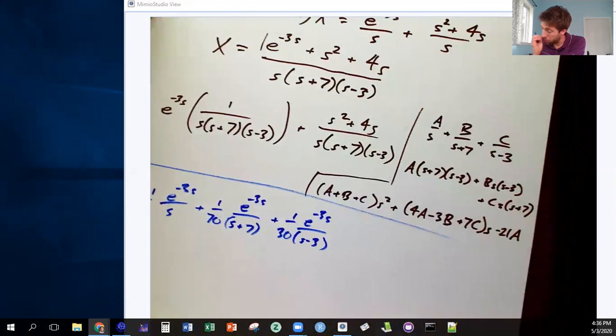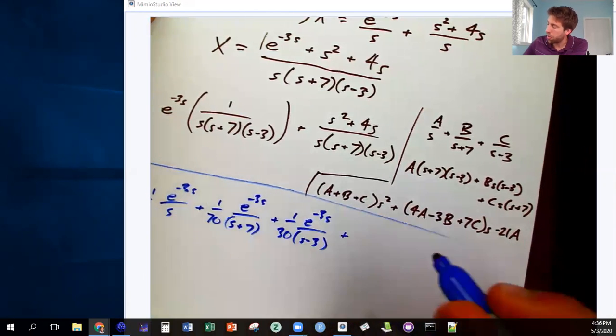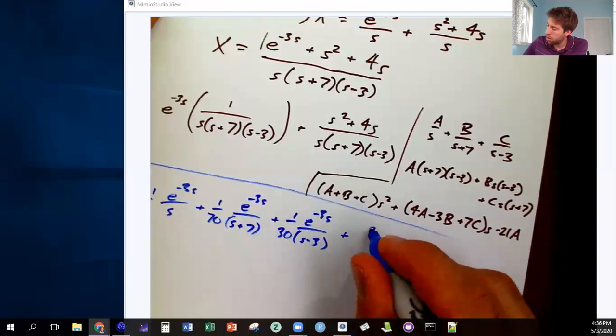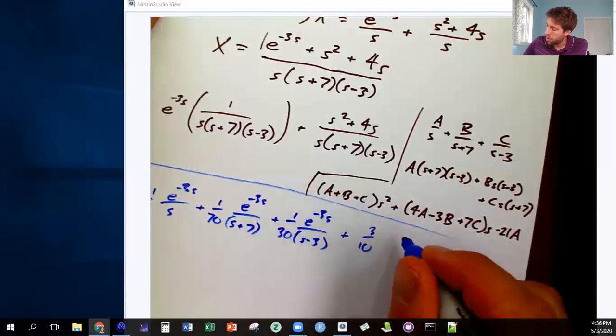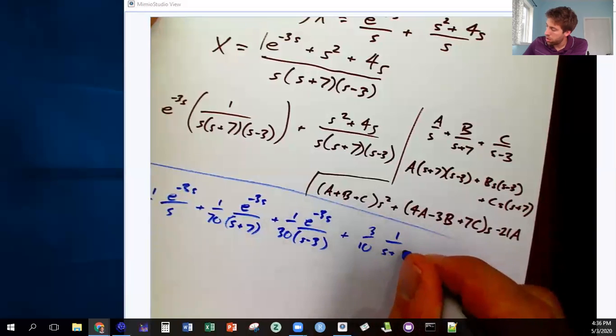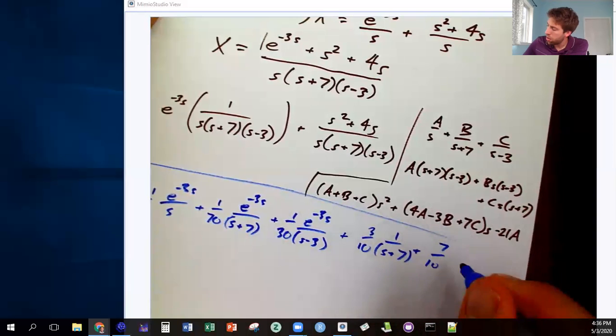Okay, so that's the first column, and then I've got the 0, so I've got no 1 over s term there, so just the plus 3/10 times 1 over s plus 7 plus 7/10 1 over s minus 3.